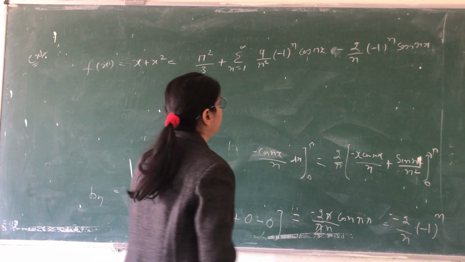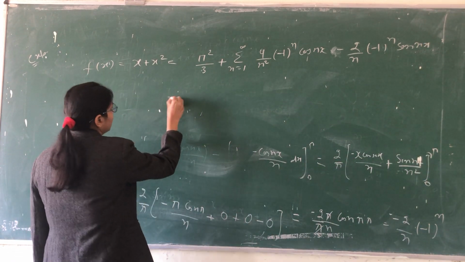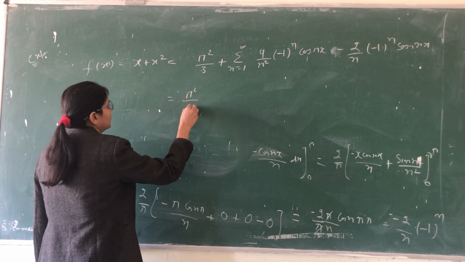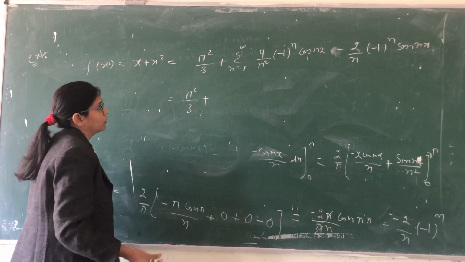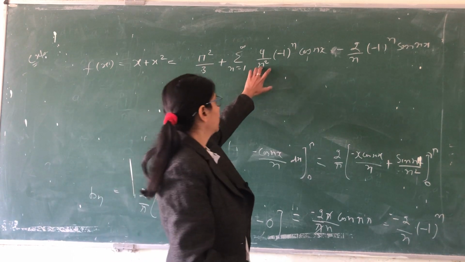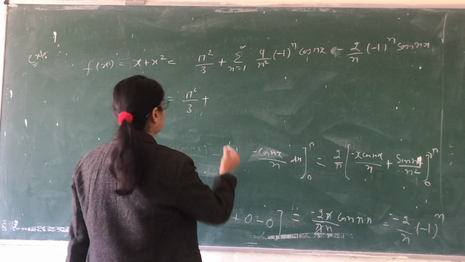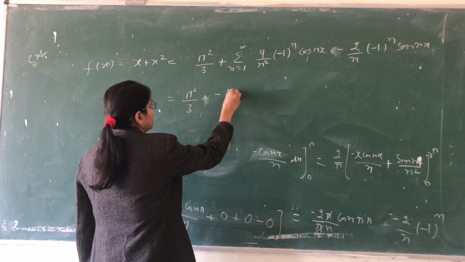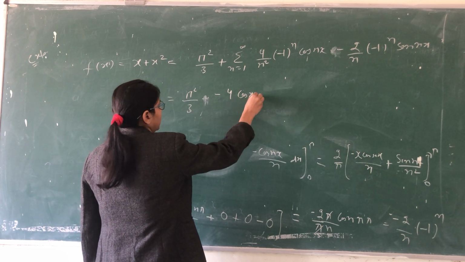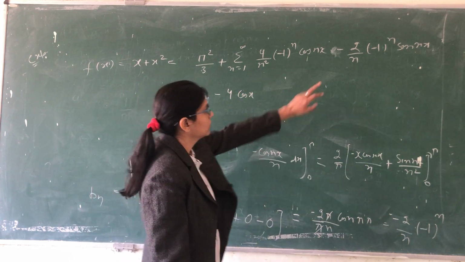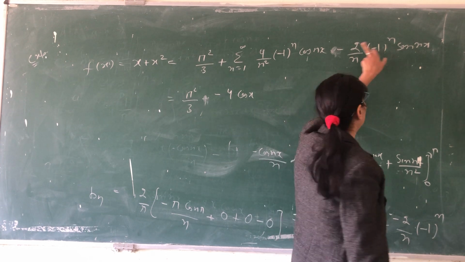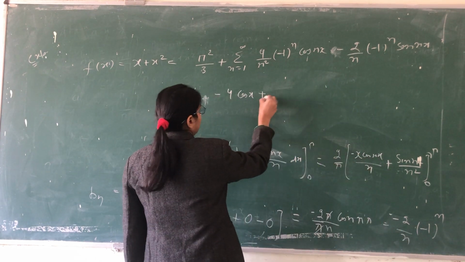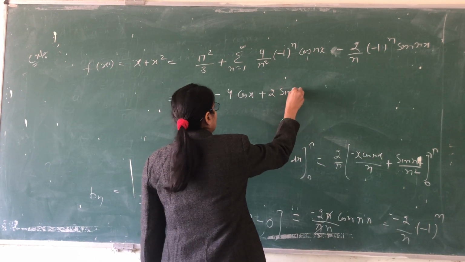तो हमने फंक्शन को इस फॉर्म में लिख दिया, तो खोल के लिख सकते हो pi square over 3 plus, when n equals to 1, this is 4 over n square, minus 1 cos of x. This becomes minus 4 cos x, and that minus n is 1, minus or minus plus, this becomes 2 sin x.